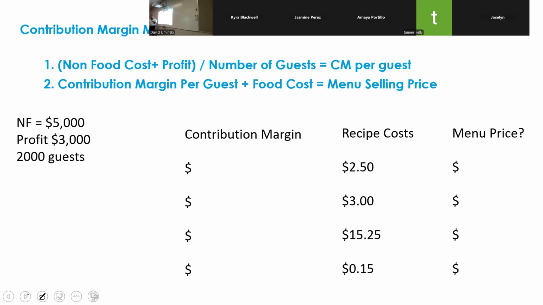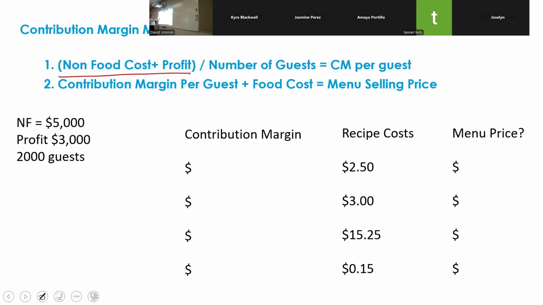And then we also have our profit built into that. So what we do is take the non-food cost and add our profit together. This is our ideal expenses, right? And then we divide that by the number of guests that we anticipate we're going to have.